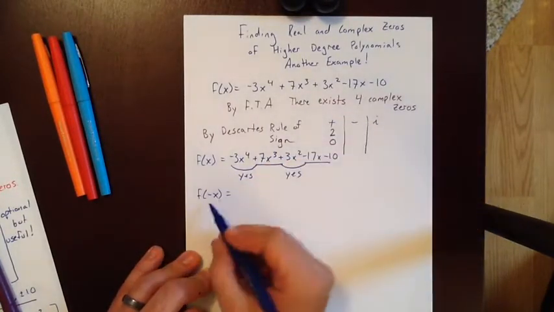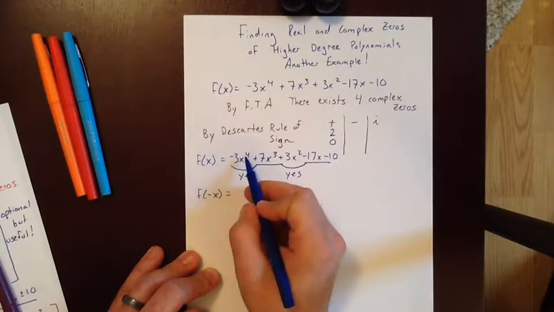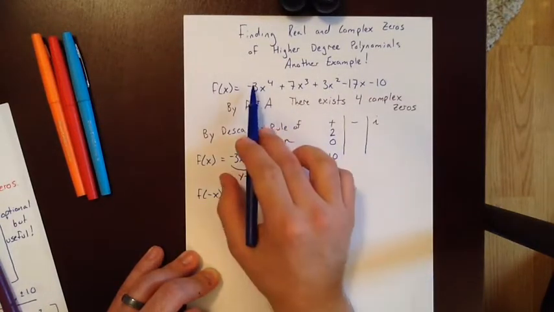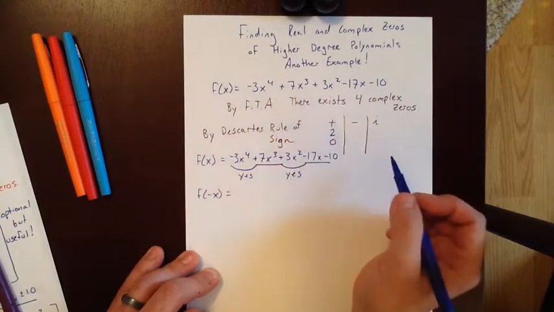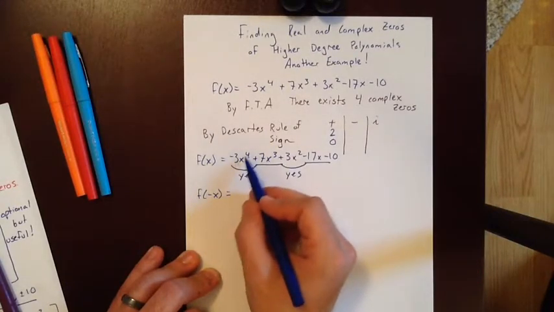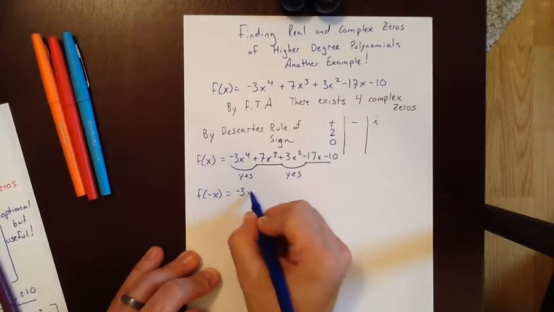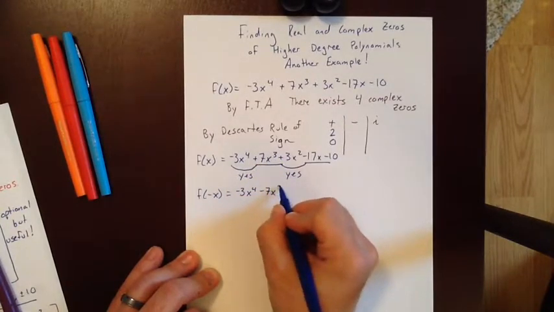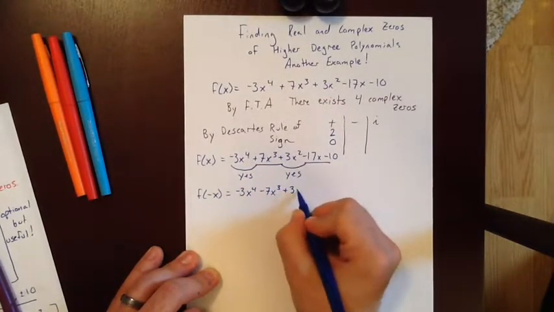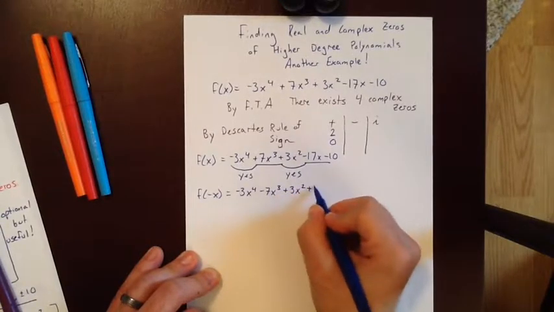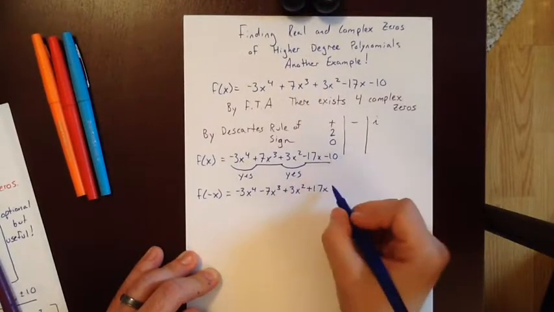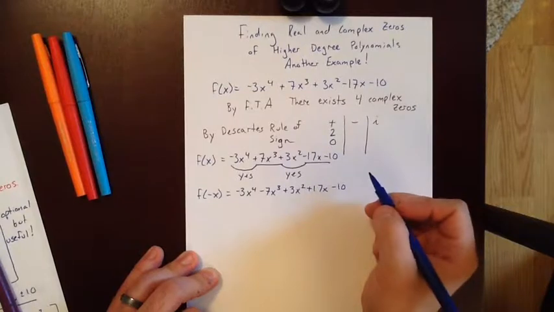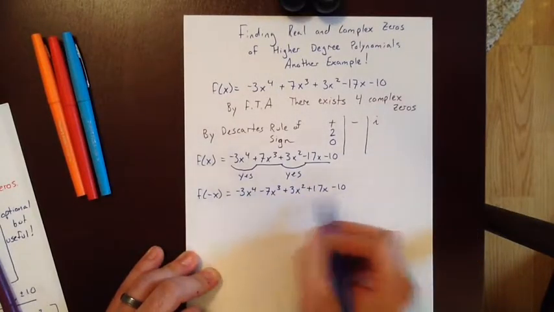So for an f of negative x, any even exponent, the sign remains the same. So having an even exponent, this remains negative 3. Odd exponent becomes negative 7x cubed, positive 3x squared, positive 17x, and our constant always remains the same. Again, looking at sign changes.